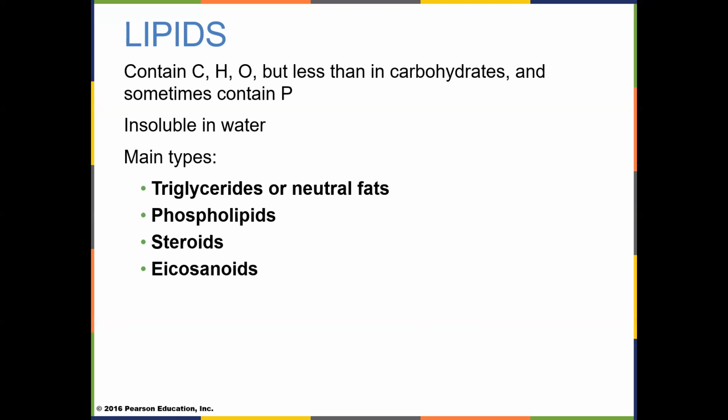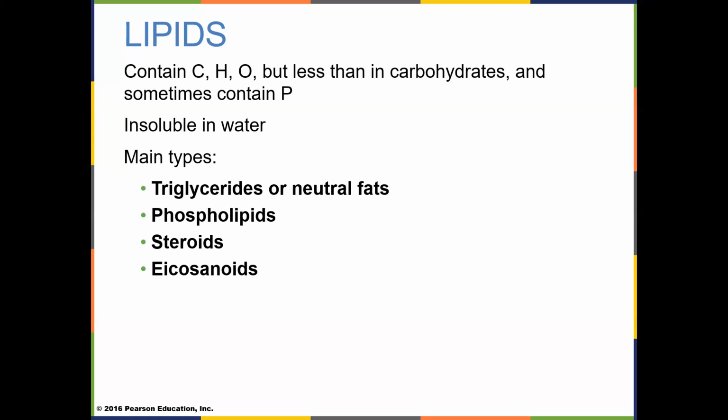Steroids show up derived from cholesterol. We have steroid-based hormones like the sex hormones, for example, testosterone and estrogen, as well as the different hormones from the adrenal glands that control glucose levels in our body and control our ability to respond to stress and things like that.